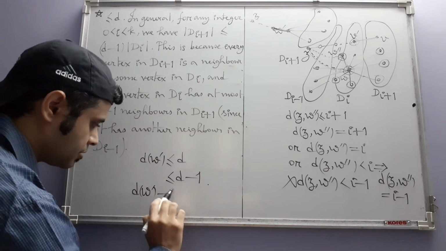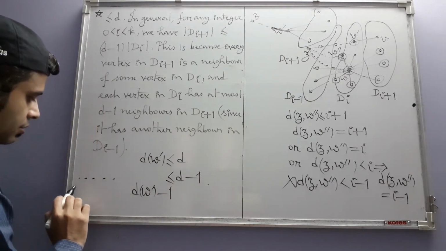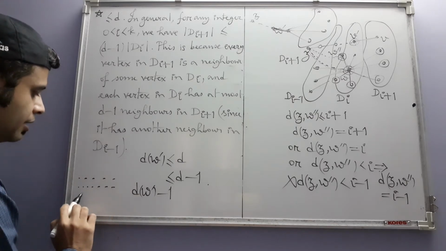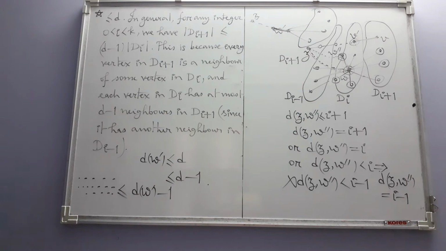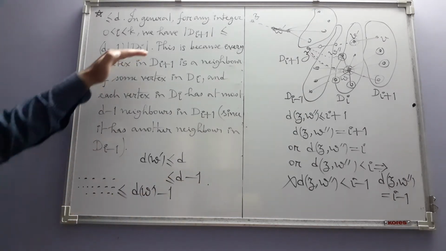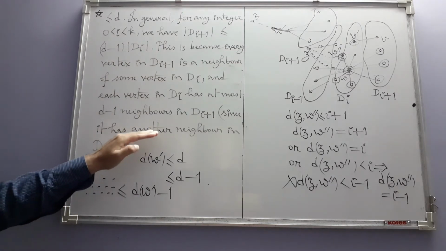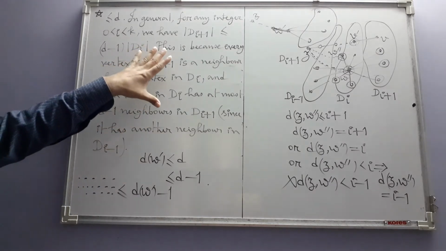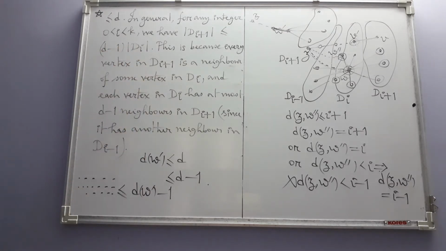The number of vertices that are neighbors of W prime in Di plus 1 is less than or equal to this, which itself is less than or equal to this. So we have understood why these things are true. Now, how are these things implying this inequality? That is the next question.